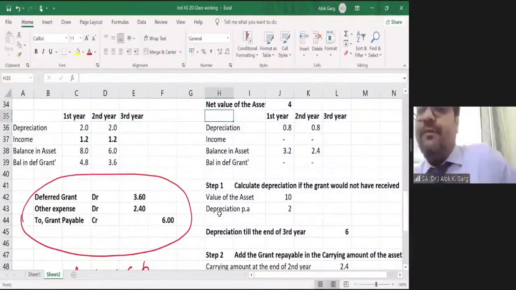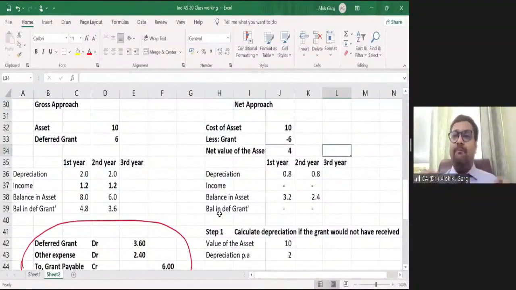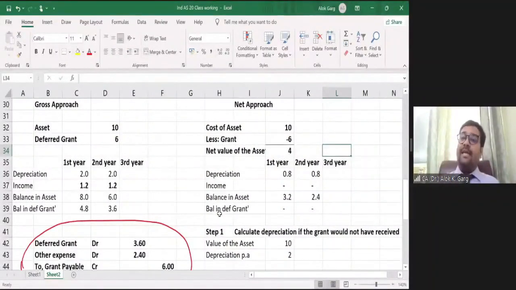So guys, in case of a net value approach, the standard says, very simply, that you need to add whatever grant you are repaying in the cost of the asset, in the carrying value of the asset first. Second, you need to calculate the depreciation till the date of repayment of grant, and you need to net off.